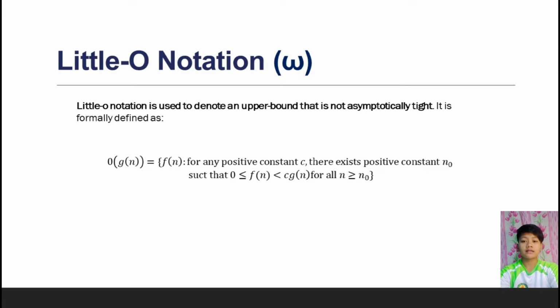In other words, the little o notation does not allow the function f of n to have the same growth rate as g of n. Let f of n and g of n be functions that map positive real numbers. We can say that the function f of n is little o of g of n if for any real positive constant c, there exists an integer constant n sub 0 greater than or equal to 1 such that f of n is less than c times g of n.